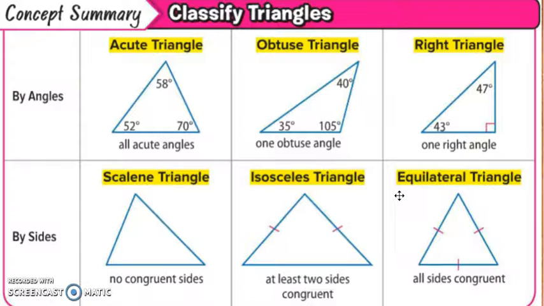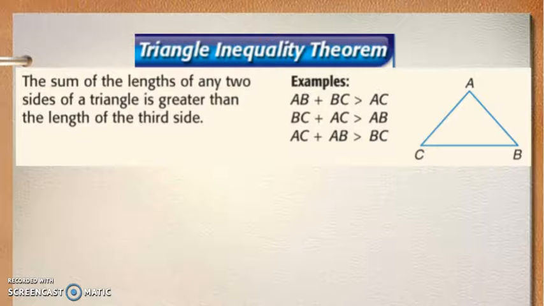We can tell that sides have the same measure when they have the same tick markings. So if all 3 sides have the same tick mark, then they are congruent and we have an equilateral triangle. The triangle inequality theorem states that any 2 sides of a triangle, when you add them together, must be greater than the 3rd side.